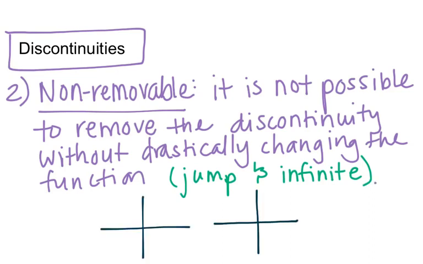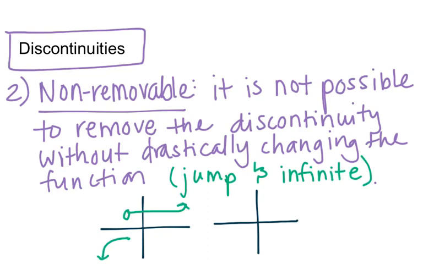Okay, so with jump discontinuities, that's when you have your graph doing something and then it breaks and then continues again from there. So it has some sort of gap or space where it's literally jumping to the next part of the function.